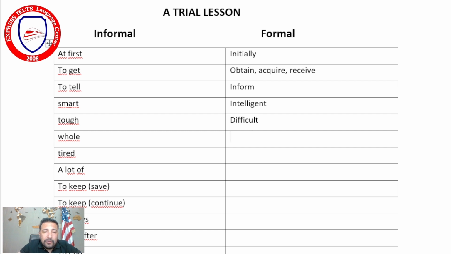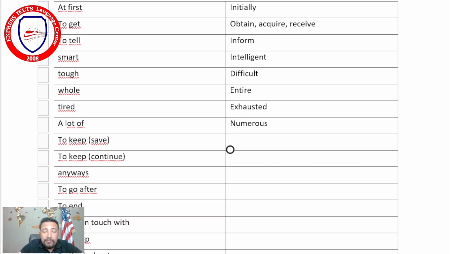And do not use whole, but you can use entire. And do not use tired, but it would be better if you use exhausted. Instead of a lot of, it would be better if you use numerous. And instead of to keep, like save, it would be better to use preserve. Sometimes keep, it means like continue something, it would be better to use retain the balance instead of keeping the balance. Anyways, it would be better if you use nevertheless instead of anyways.